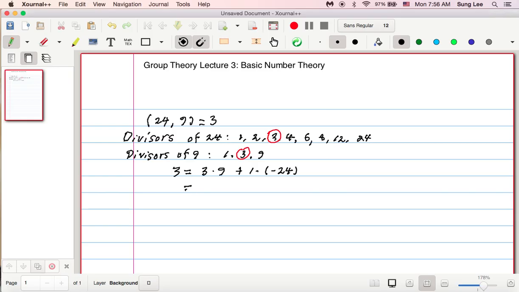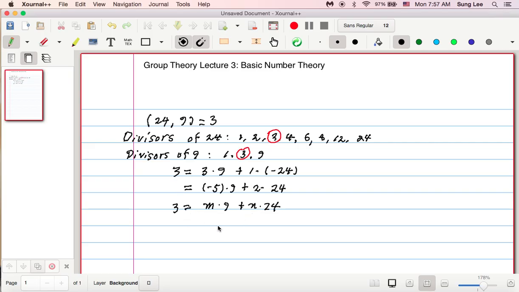And also this can be written as negative 5 times 9 plus 2 times 24. Okay? So in other words, we just saw two solutions of this equation, m times 9 plus n times 24.